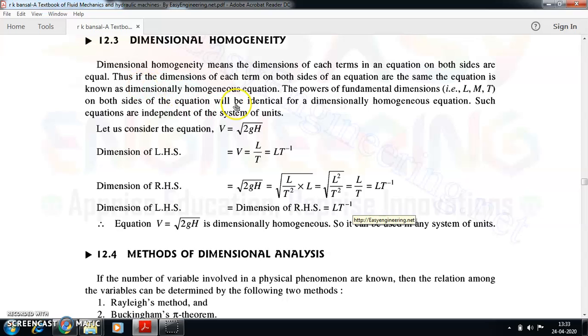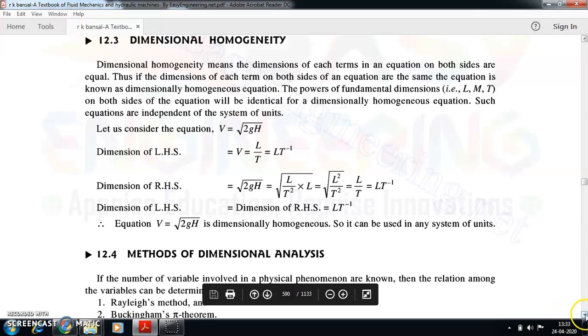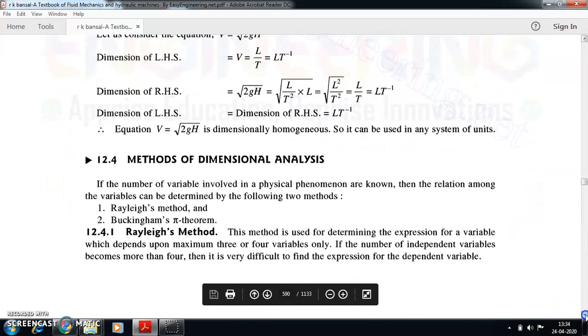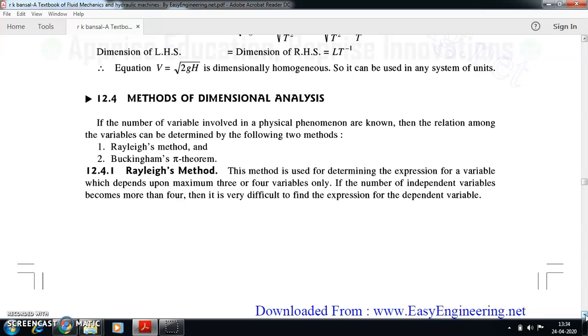So an equation which has the same powers of fundamental dimensions of the quantities involved on the left hand side as those involved on the right hand side, with all the powers and all the fundamental dimensions equal, is called a homogeneous equation. So this is dimensional homogeneity. This is very important for forming equations.